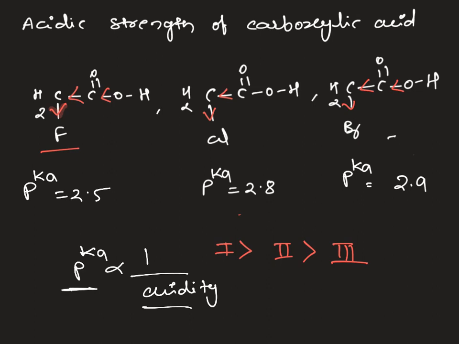Lower the pKa, higher is the acidity, inversely proportional. So among these, experimentally it was found that fluorine has the lowest pKa value, which will show higher acidic strength compared with all these 3. Similarly, I would like to give one homework.